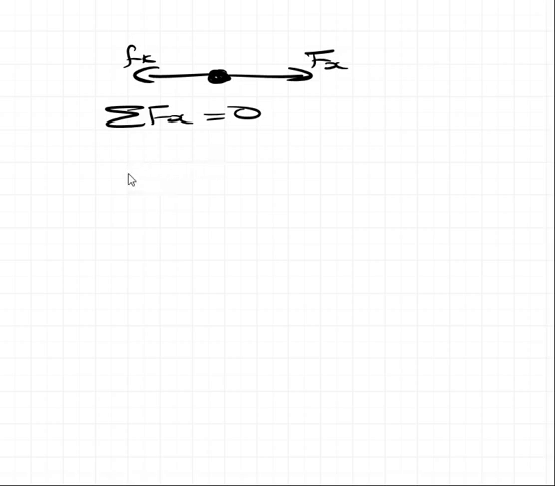Yes. So this gives us that if we choose to the right as positive, we have Fx plus Fk. Now that's the trick. Despite the fact that we know friction is to the left, we can't substitute it as a negative, right? You just have to substitute it as positive. It will determine its sign on its own, okay? So we have, what was Fx?